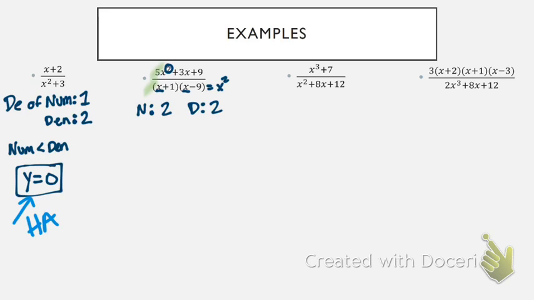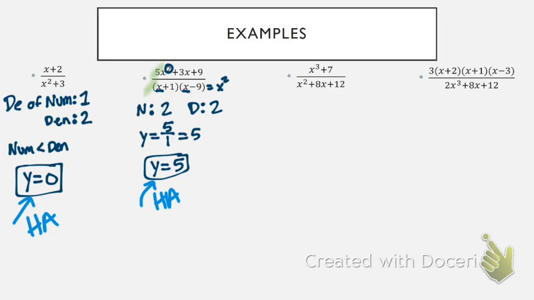So we divide the coefficients, which is 5. So we have y equals 5. My horizontal asymptote is y equals 5. And the reason I divided by 1 is there is no coefficient like a 3, 4, 5, something like that in the denominator, so it's an assumed 1, because if we multiply something by 1, nothing changes.